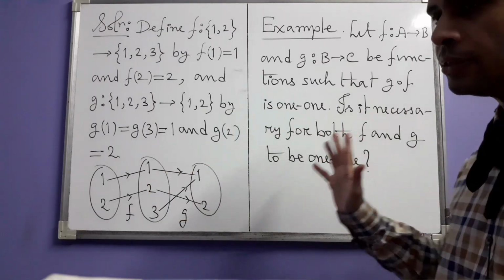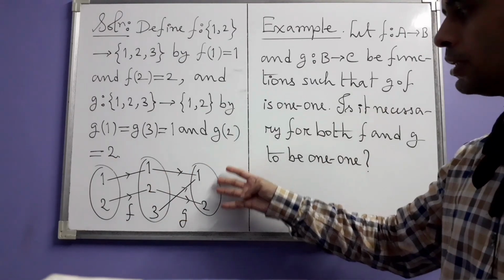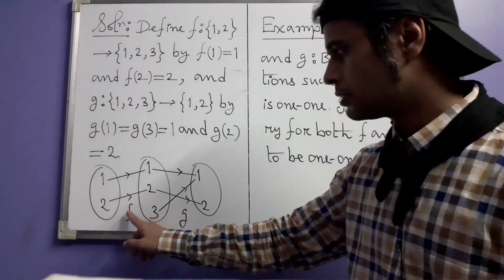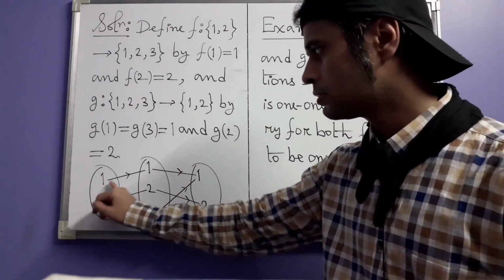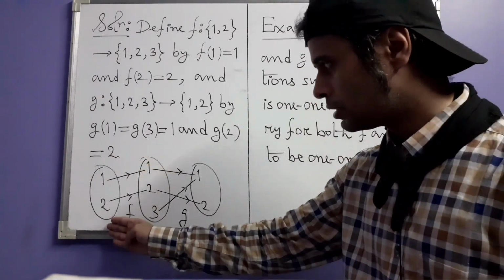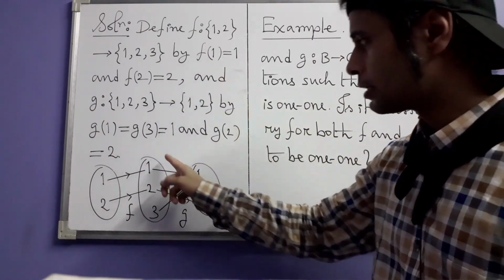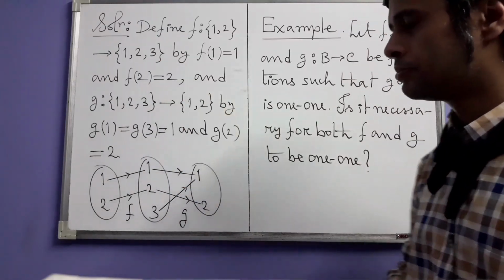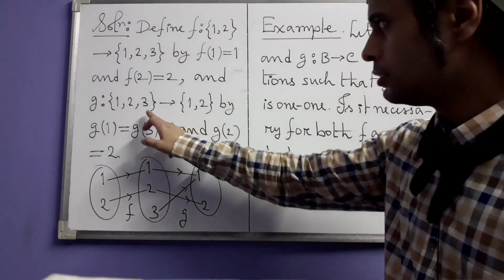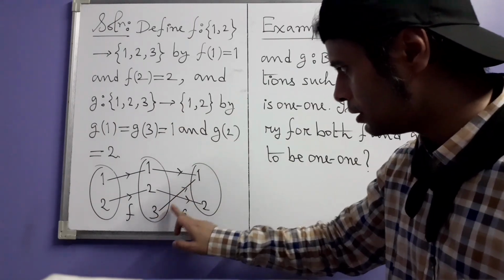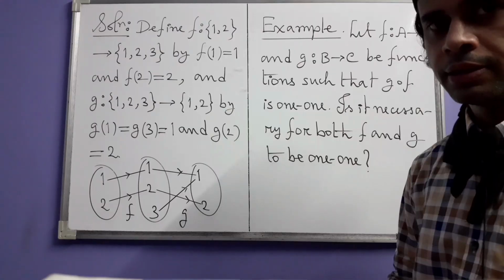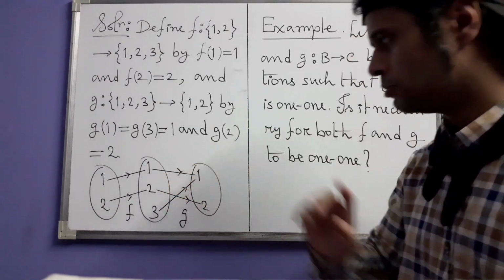Instead of writing things, let us see everything in this diagram itself, the arrow diagram. So this is your function f, which maps 1 to 1 and 2 to 2. This is the domain of f, and this is the codomain of f. What about g? g maps 1 and 3 both to 1, and g maps 2 to 2.